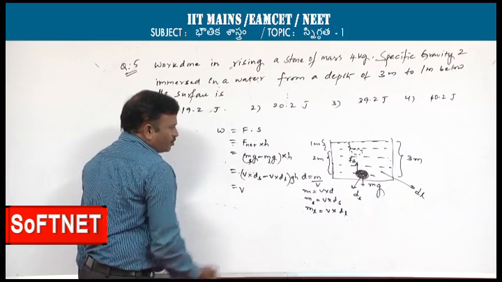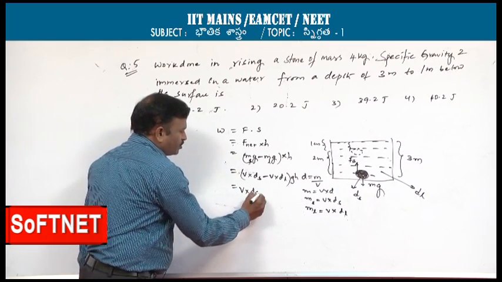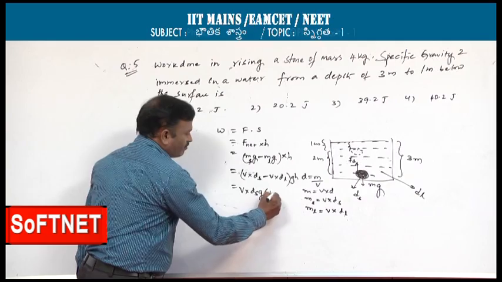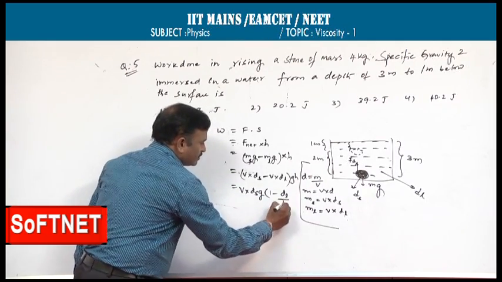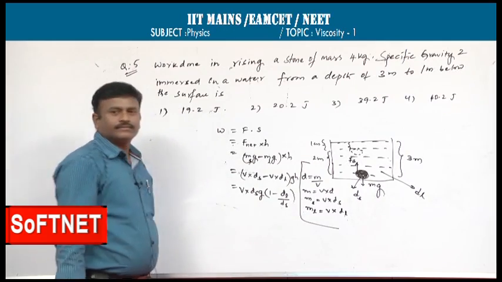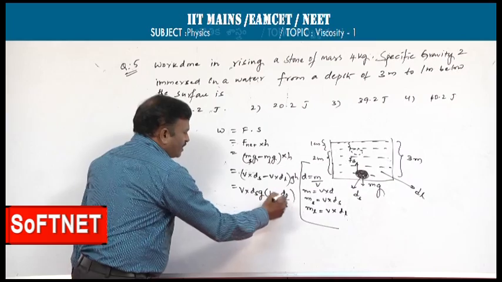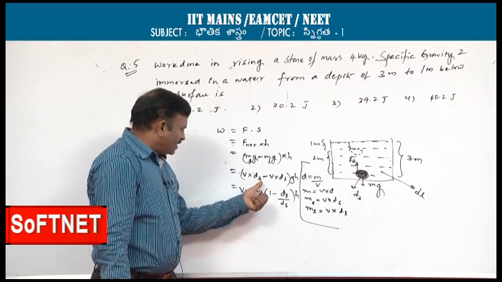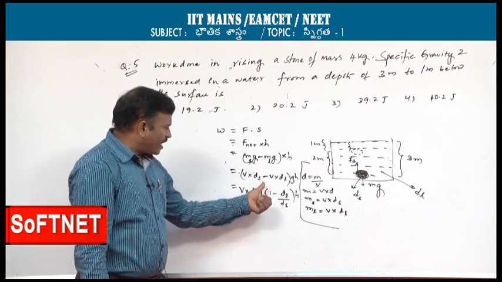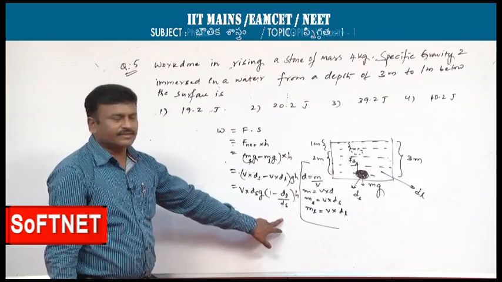Now V into ds into g, 1 minus dl by ds. Here I am taking volume and density of the solid common. As we take the density of the solid common, it becomes dl by ds, right?